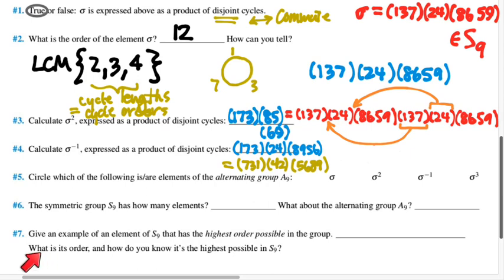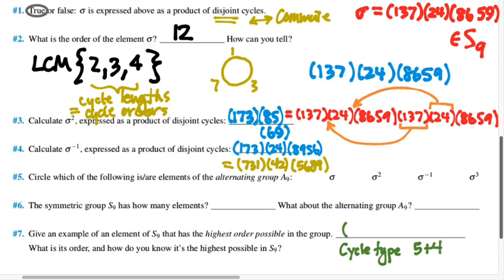And so that also gives away the answer to number 7 in a slightly different way. If I want to find an example of an element that has the highest possible order in S9, what kind of an element will it be? How do we get the highest order possible in S9? Well, it has to be at least common multiple of 5 and 4.